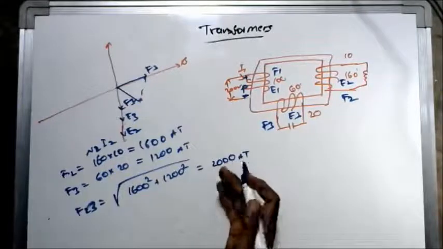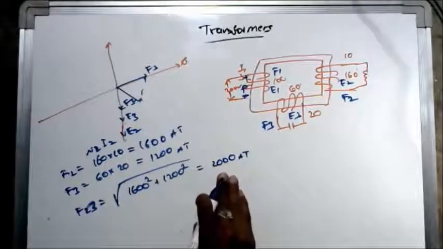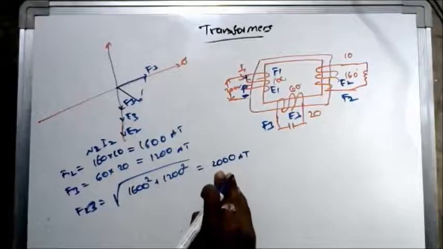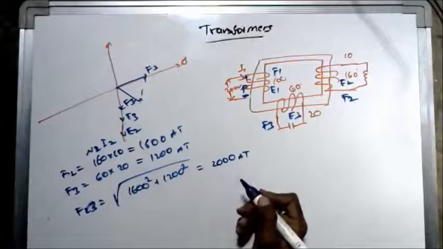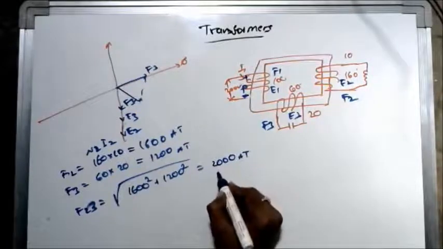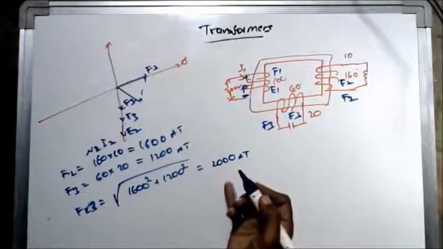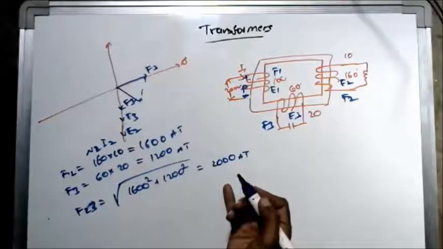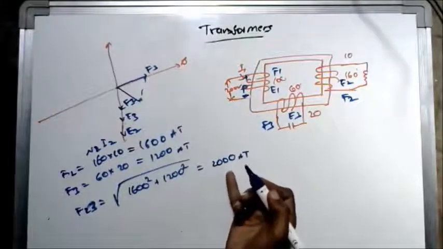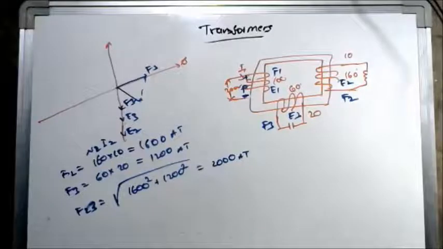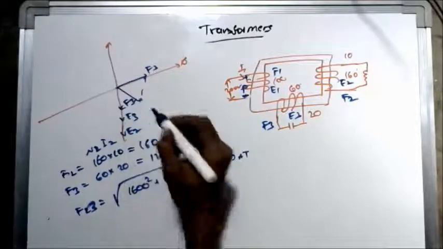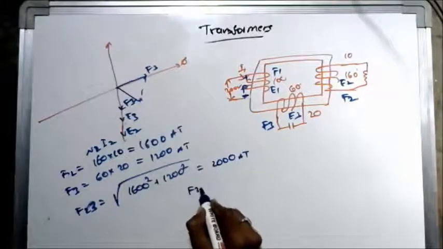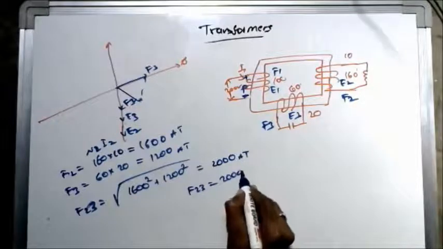So this is at the secondary. Then referring this MMF to the primary, we divide by 100. F23 is equal to 2000 ampere turns.